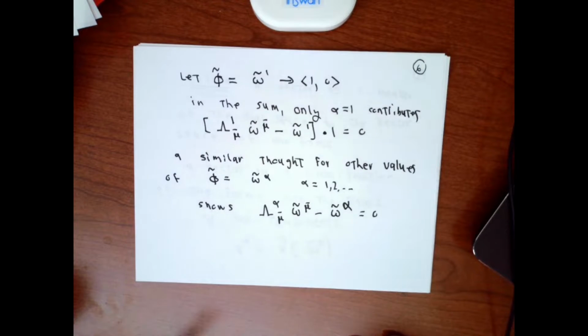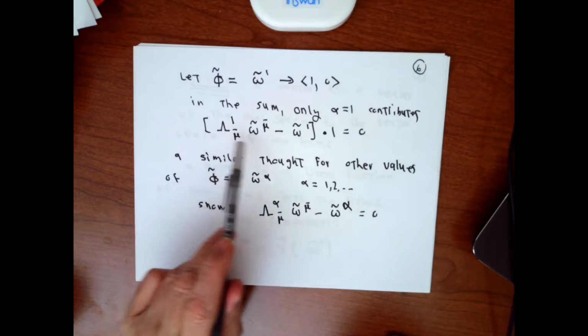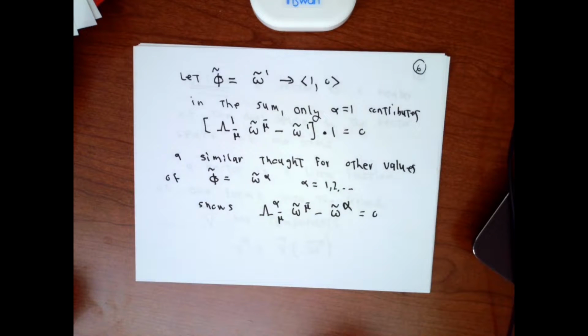The calculation then says the quantity inside the bracket must be 0, and by doing this with the other basis one forms, you can come to the conclusion that all of those numbers inside the bracket must be 0, so that must be true.